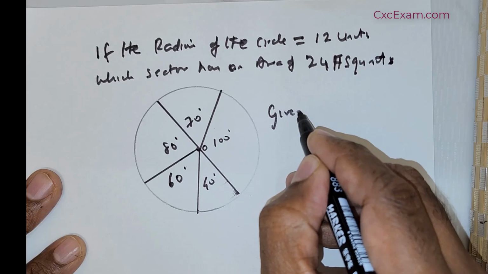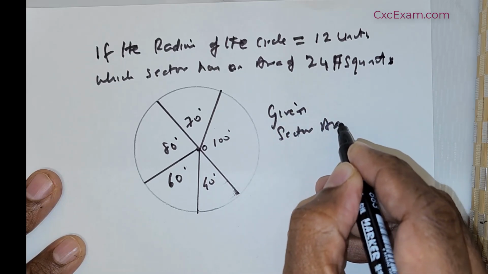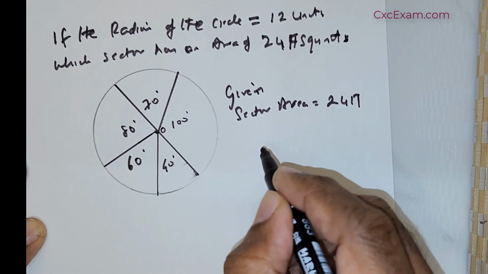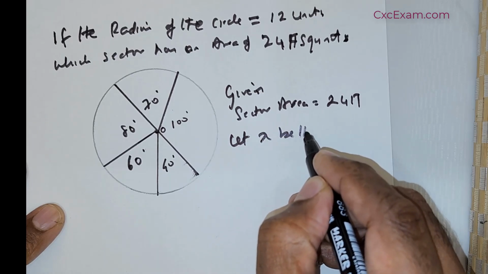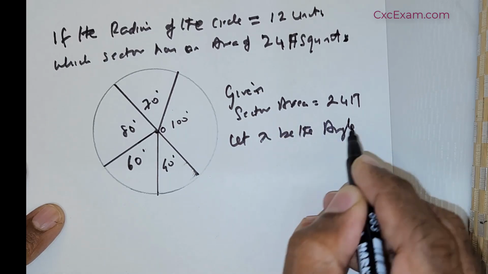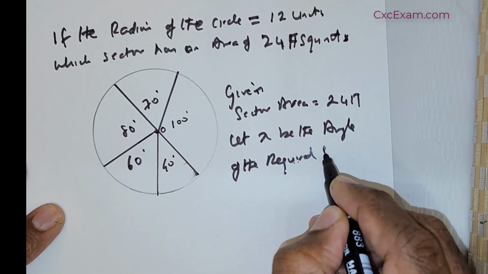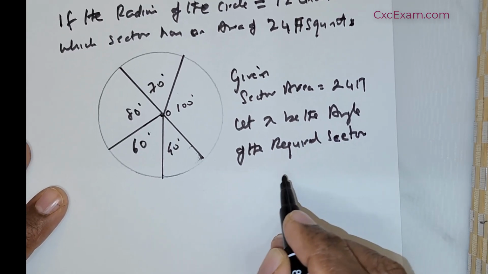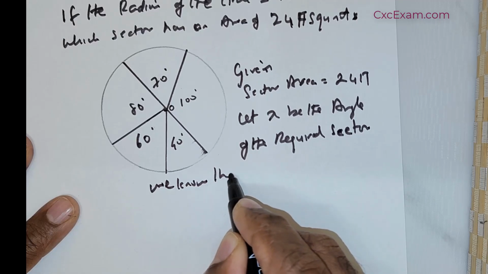So what is given? The sector area is 24 pi. Let x be the angle of the required sector. So what do we know?